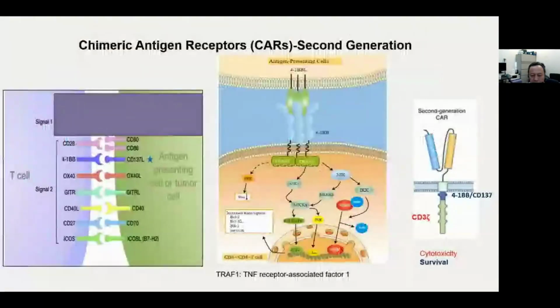Okay. And okay, let's continue. Well, the first generation CAR was still not able to be used in the clinic, because people found very quickly that the T cell will lose its cytotoxicity because it's not persistent. Okay. And so the developers of the second generation of the CAR T looked for the second signal. So the second signal in the wild type has many forms, okay, which make the T cell activation more persistent.